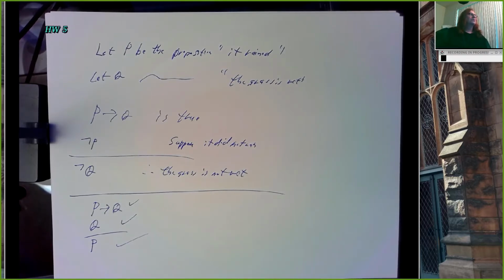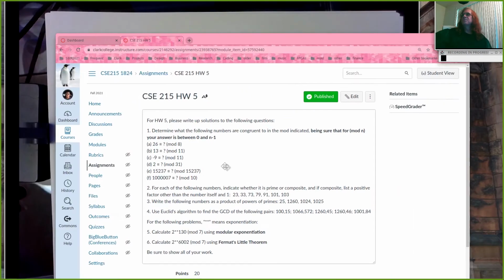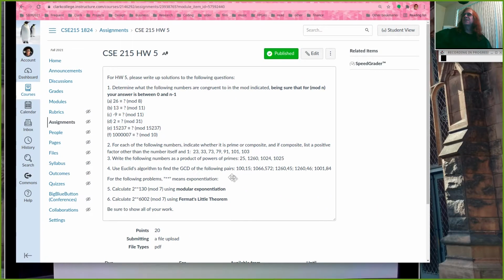And so let's take a look at homework 5. Homework 5 is a half dozen number theory questions. Is there a way to show that mathematically? Number 1. First tried and then failed.